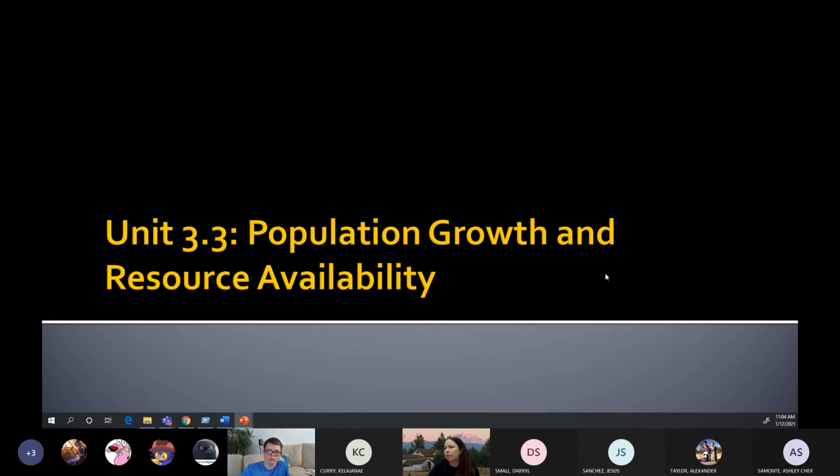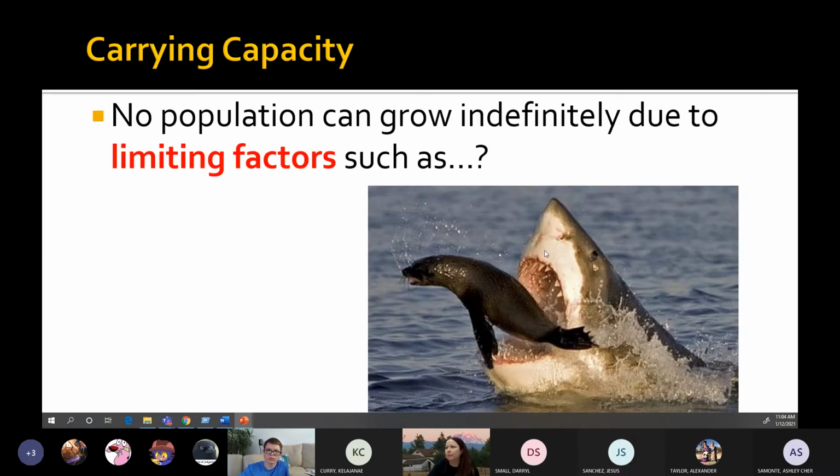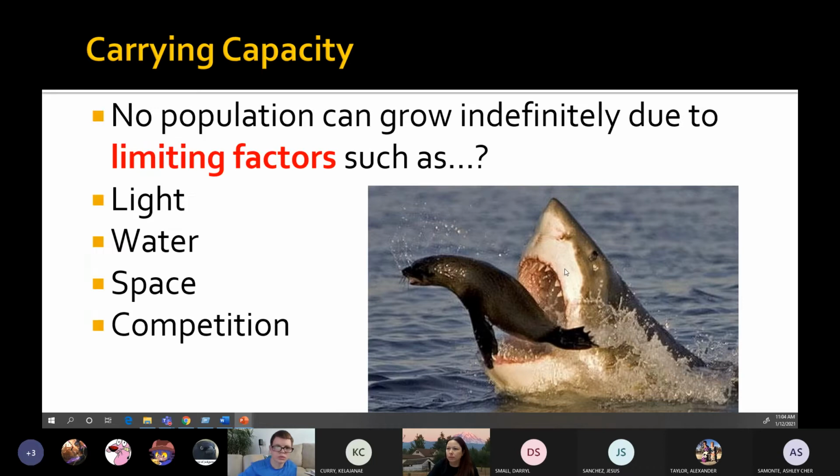Population growth and resource availability. So we've talked a little bit about carrying capacity already, when the organism or community population reaches a maximum based on those limiting factors.